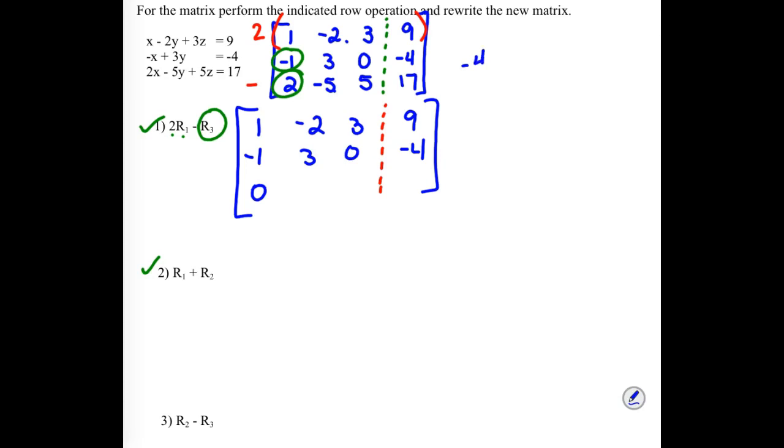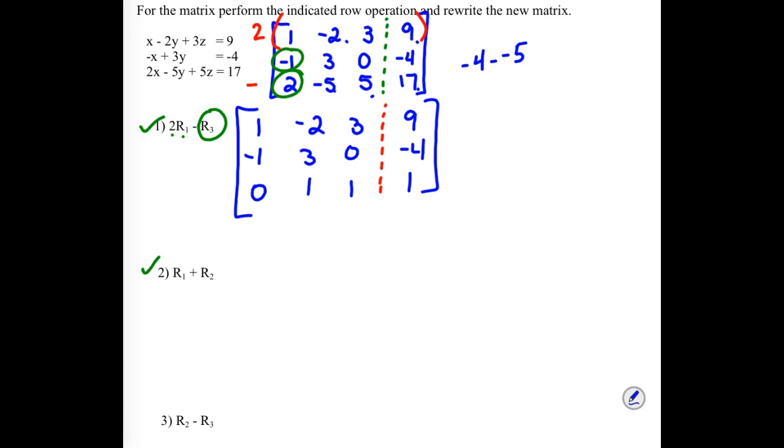Think about that. -4 minus -5 is 1. Okay? 2 times 3 is 6, minus the 5 is 1. And 2 times the 9 is 18, minus 17 is 1. Okay?